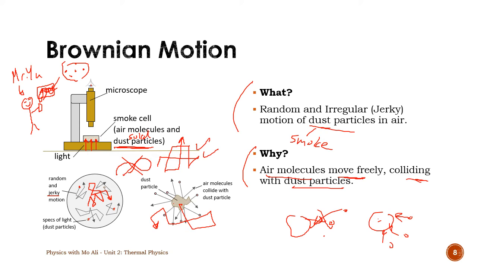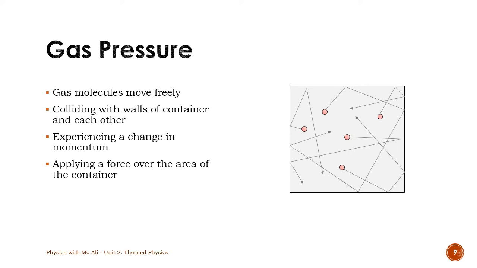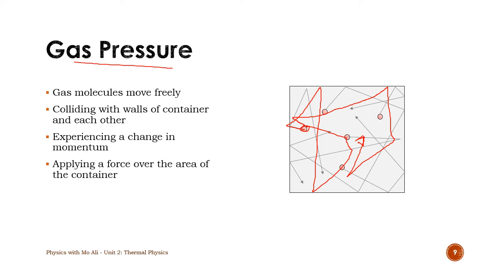Next. This opens up an idea: that air molecules or gas molecules move freely. And as they move freely, they obviously collide with each other and the walls of a container and so on and so forth. So this means that gases apply pressure. How do they apply pressure? Because as the gas molecules move, they keep hitting the walls of these containers.